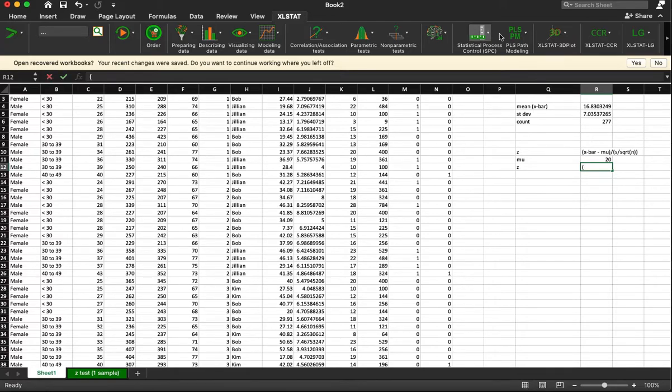So we will take x bar minus 20, divided by the standard deviation divided by the square root of count.